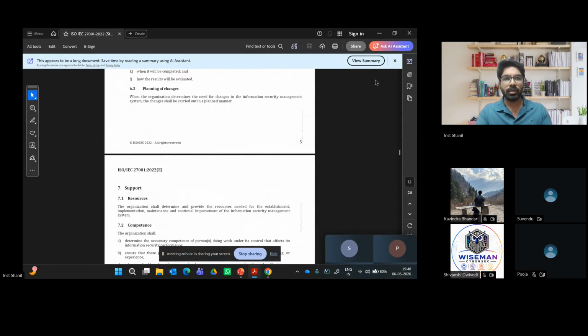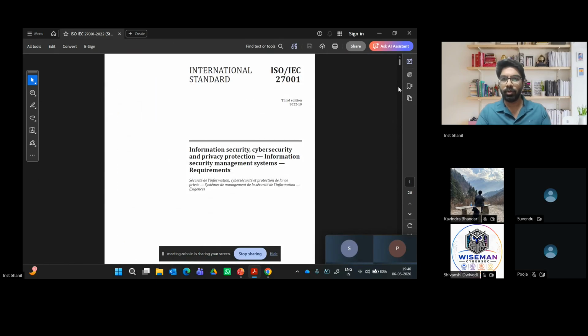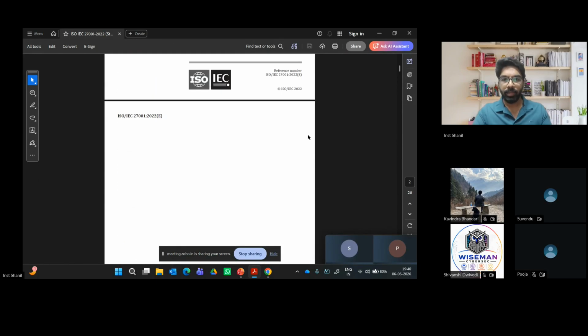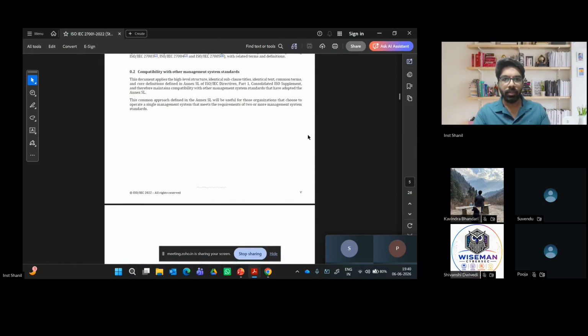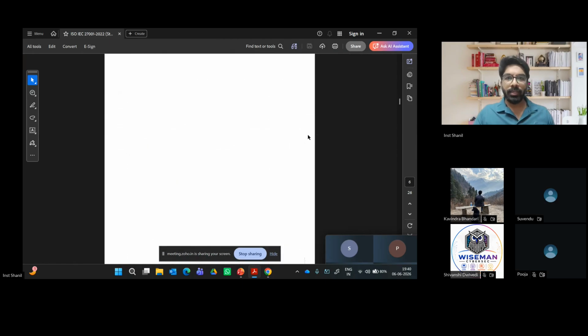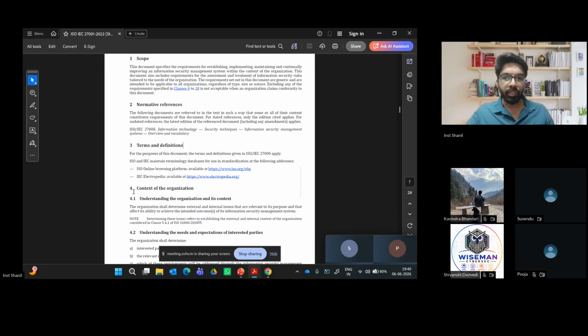So this is the ISO 27001 standard. You can take a look at how it looks. It has all the information: introduction, compatibility with other standards. See, these are clauses 1, 2, and 3, which were not defined in the slide which I was presenting. We read about clause 4 to clause 10.